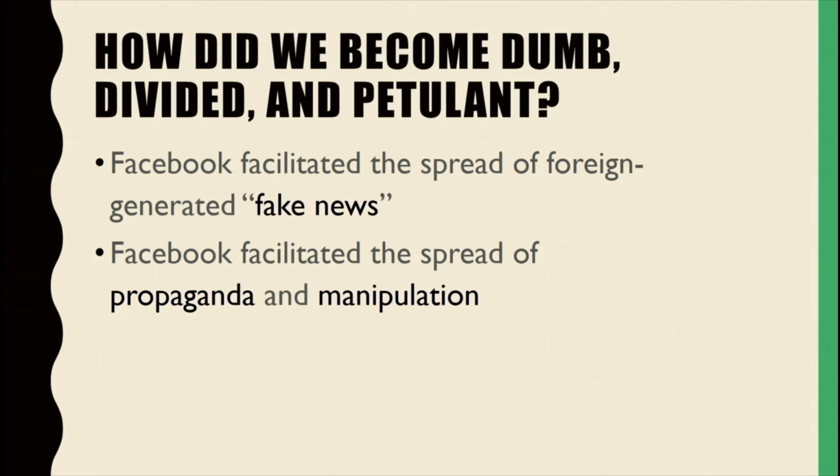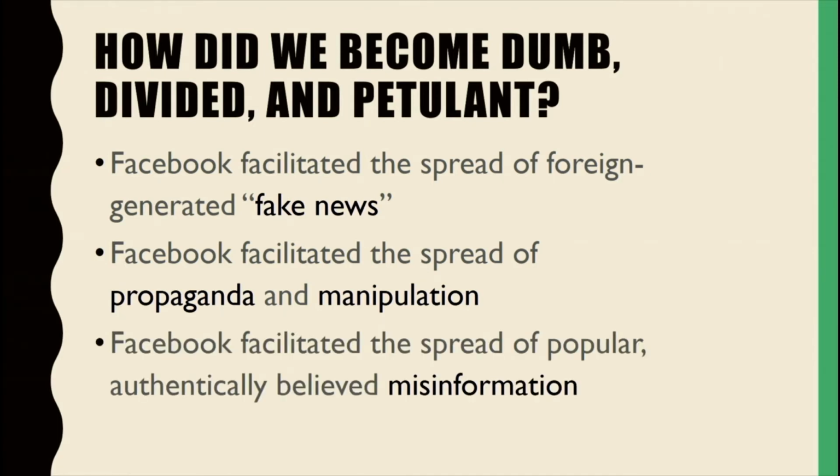However, that too does not leave much of the story fully explained, and unfortunately I've come to the conclusion that the biggest problem we have is totally popular, authentically believed, possibly even well-intentioned misinformation.